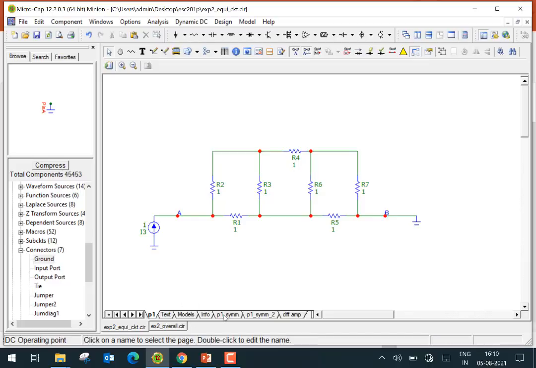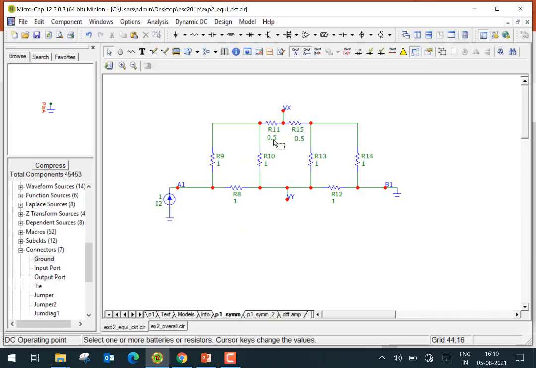If I draw a line here, we can see there's a left half of the circuit and a right half of the circuit, and the two halves are similar. So there's a symmetry, and from symmetry we expect that the voltage at node Vx will be equal to the voltage at node Vy.